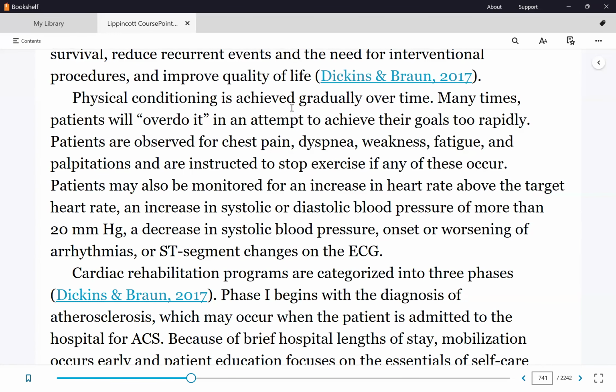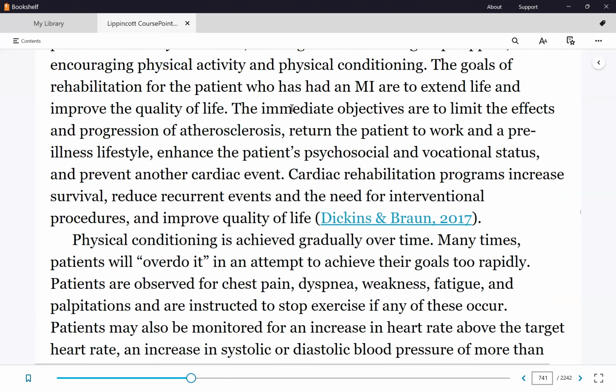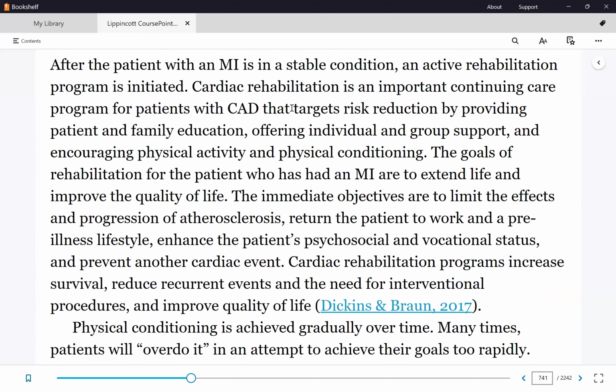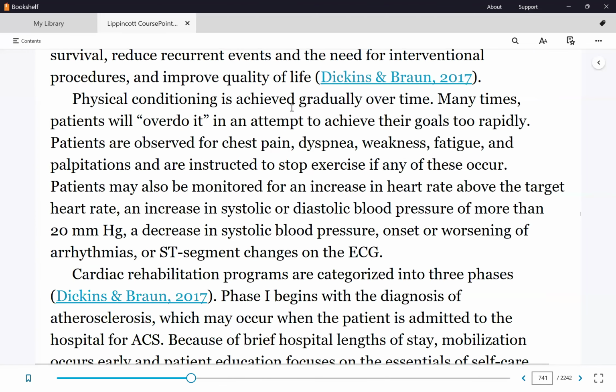For activity, the guideline is if the patient can climb two flights of stairs without symptoms, they're okay to resume sexual activity.